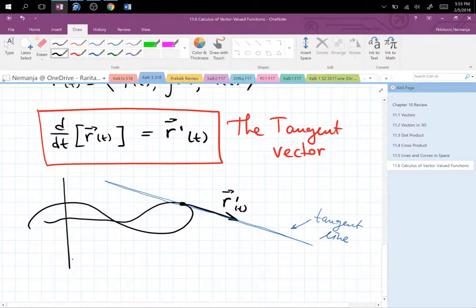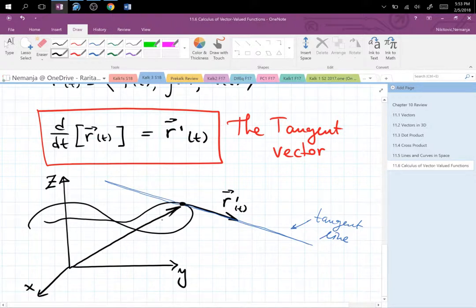So all of this is going to sit in an XYZ 3D coordinate space, and there is the r of t vector valued function, right? The r that locates everything, and you can call this, I don't know, point A in space.